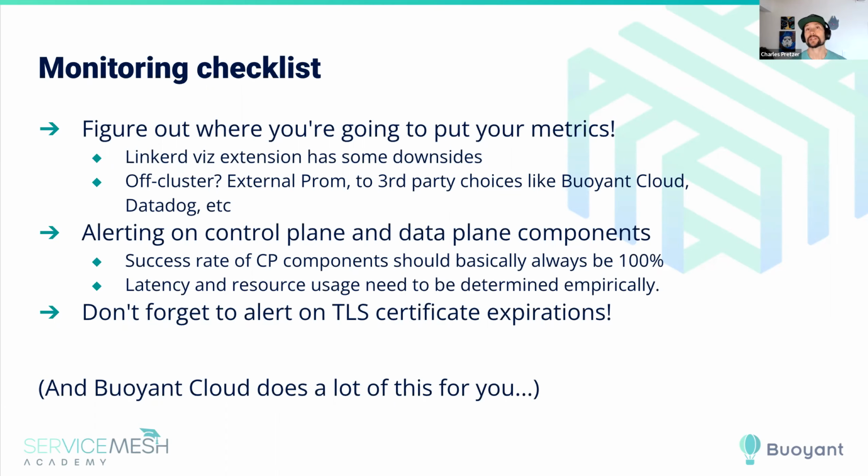These are things that you're going to have to suss out for yourself in your own environment based off of the number of replicas, the number of workloads, the amount of traffic that you have in order to understand what those limits need to be set at. And then you can set the alerts appropriately.